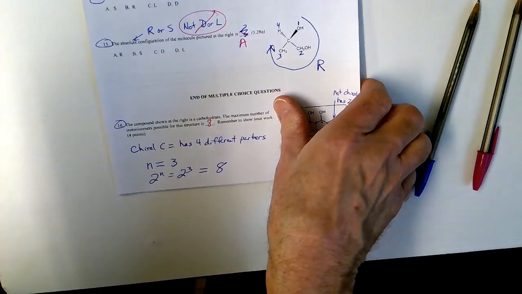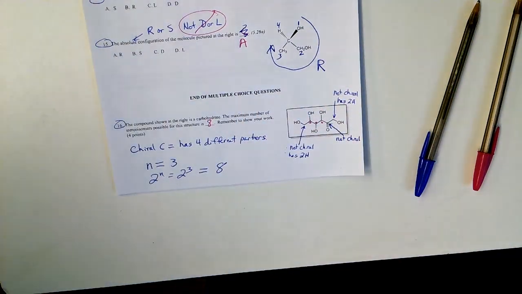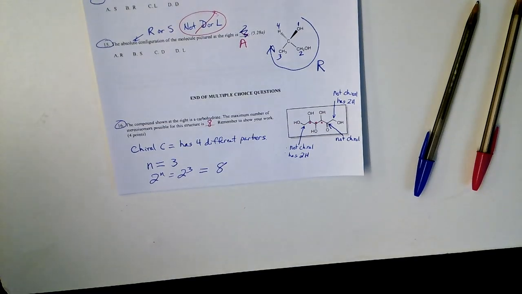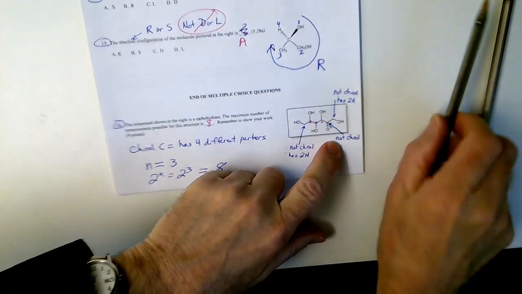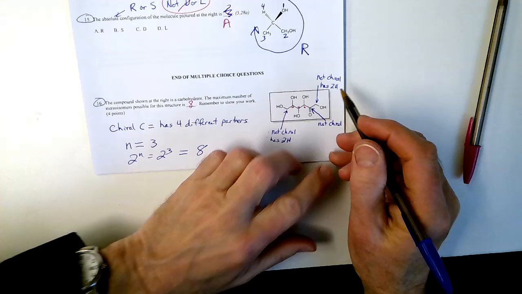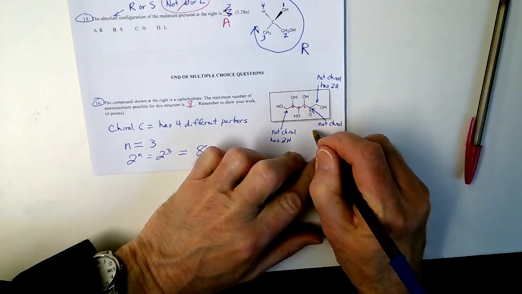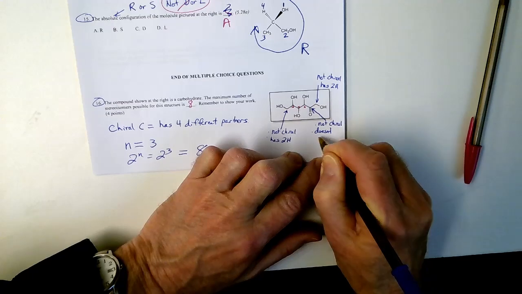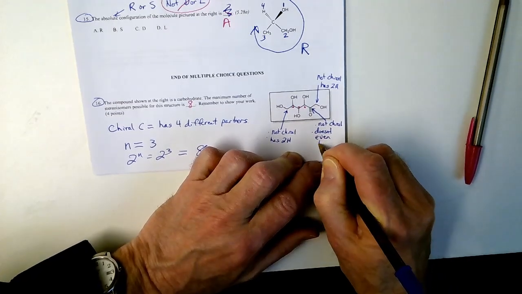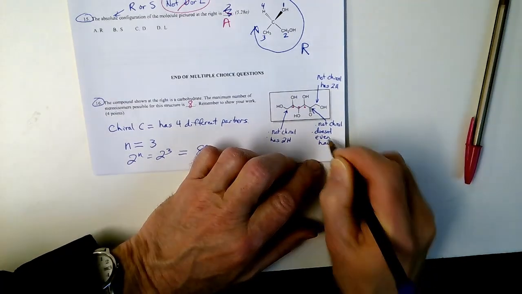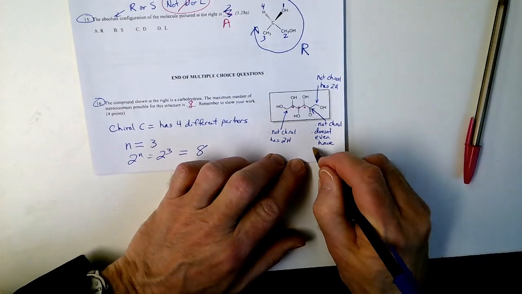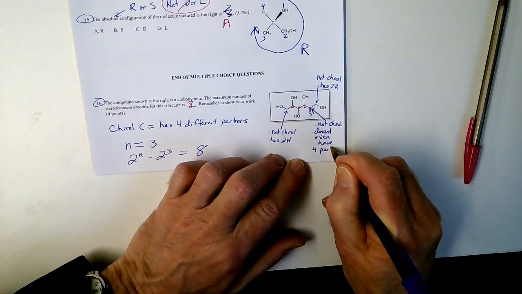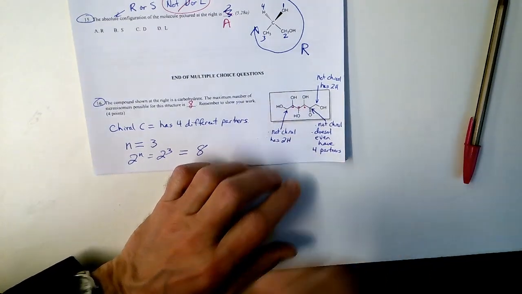Any questions? Where you wrote not chiral, could you explain why that one isn't chiral? This one here? This one is not chiral, and the reason is it doesn't even have 4 partners.